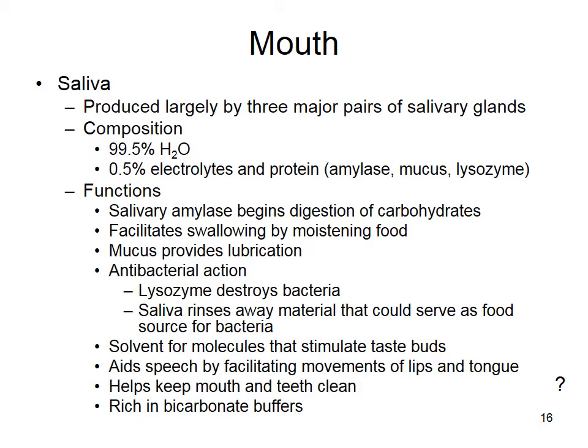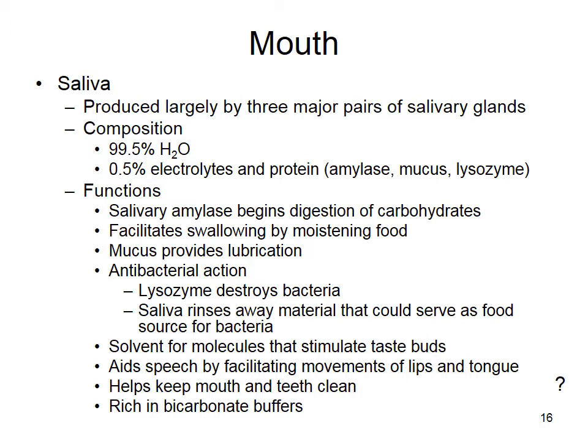Saliva is produced by your salivary glands, and it's primarily water. This is our first secretion into the GI tract, saliva into our mouth. It is primarily water, but 0.5% is electrolytes, some bicarbonate in order to neutralize any acid you've taken in, as well as some proteins.